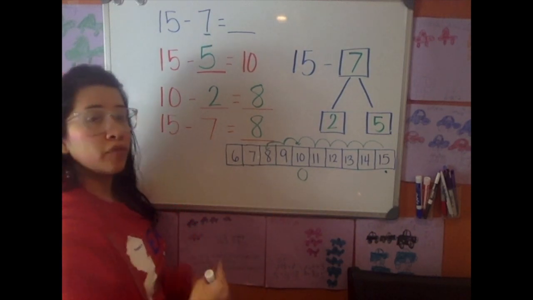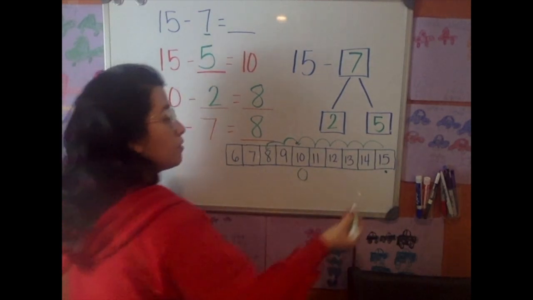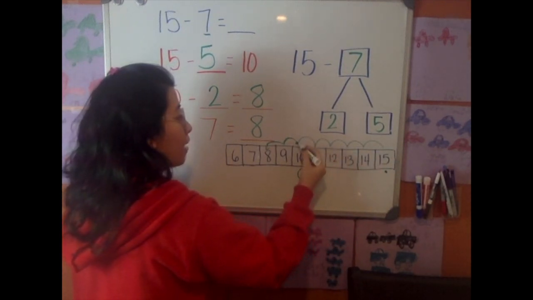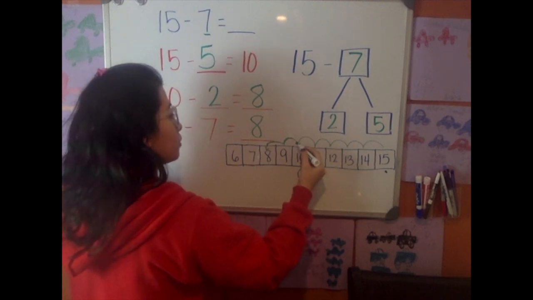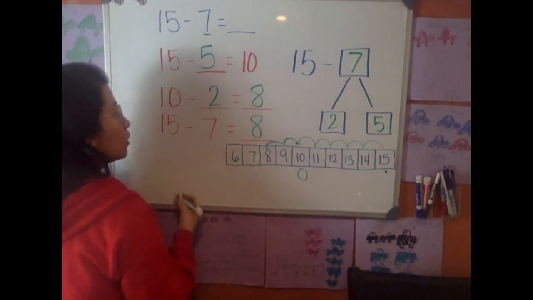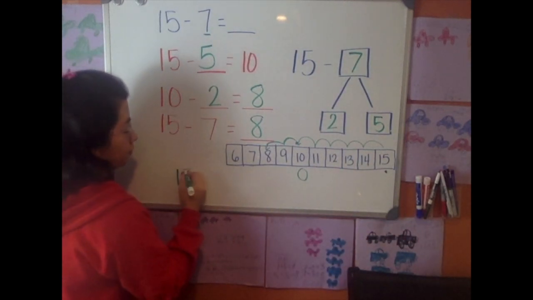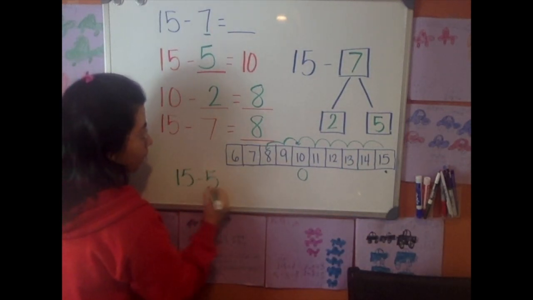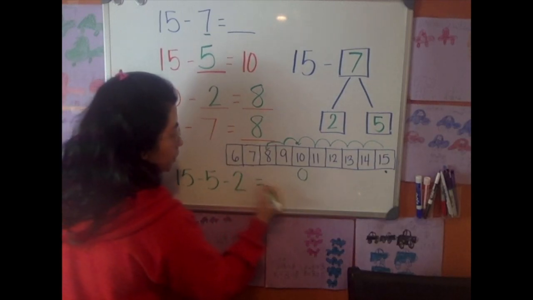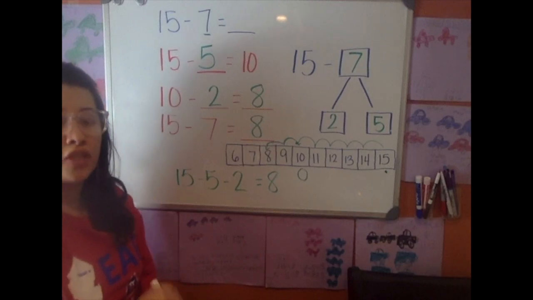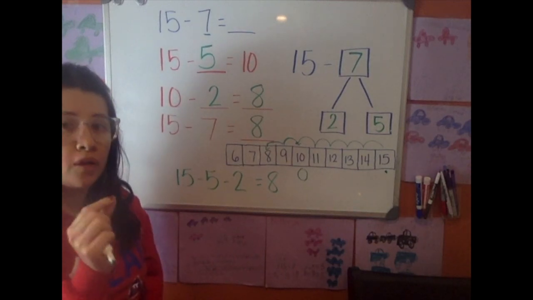Except that instead of doing 15 minus 7, you did 15 minus 5, 1, 2, 3, 4, 5, and then minus 2, 1, 2. So another way to say this is that you did 15 minus 5 minus 2 equals 7. It's the same thing. It's just asking you to do it a little bit different.